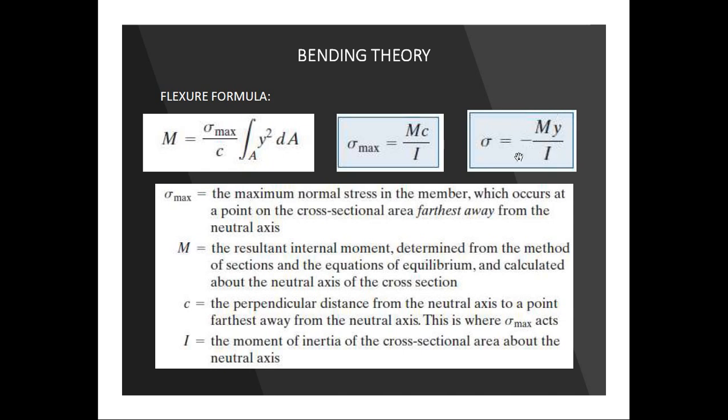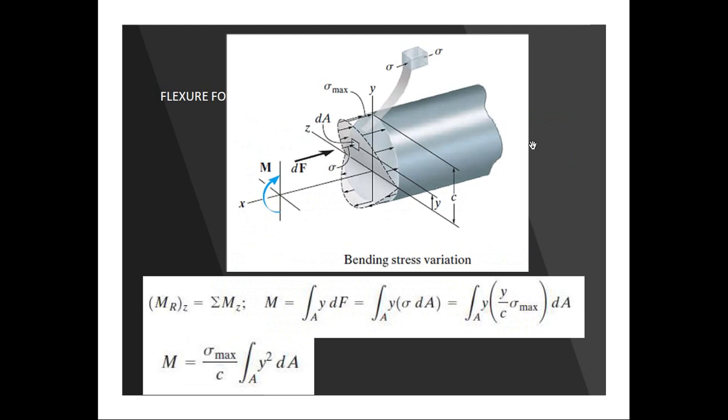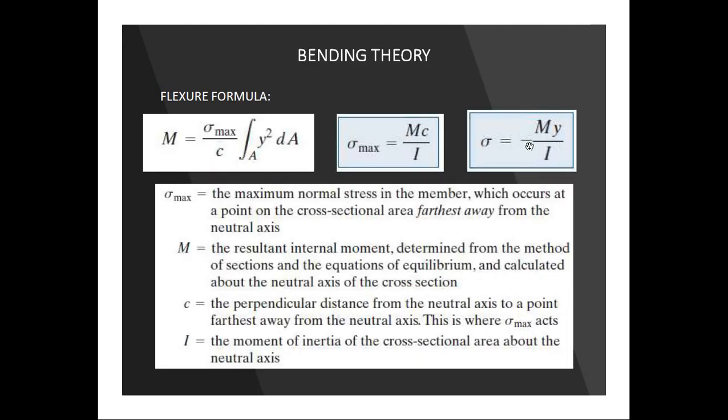And what this negative sign is showing is that at that particular point, this is in compression. At the bottom, below the neutral axis, this will be positive. So the relationship is M upon I is equal to sigma upon y.